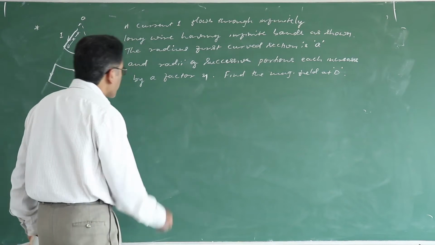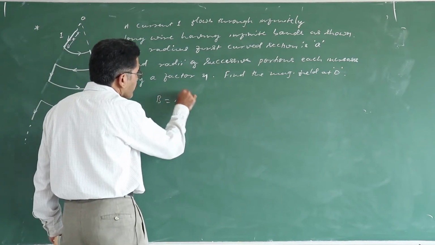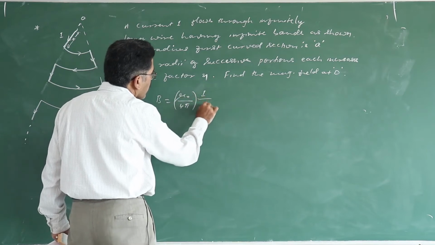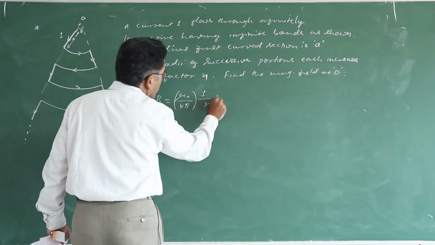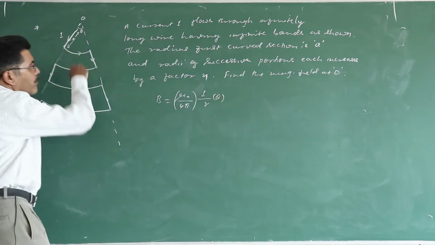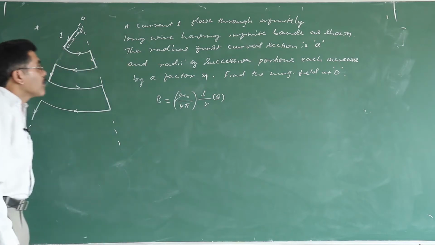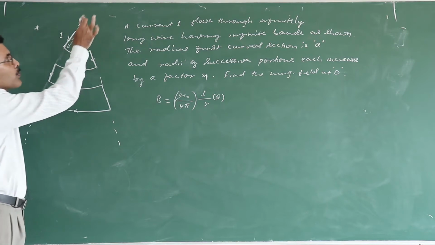See, what is the general formula? B is equal to mu naught by 4 pi I by R into theta, if I take this angle as theta. Okay, so here current is flowing in the anti-clockwise direction. Therefore, you must take the field as directed towards you like this.